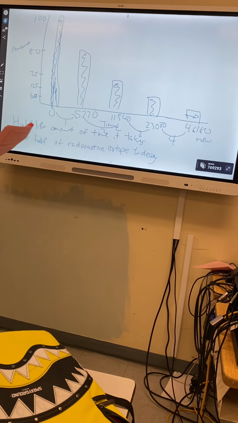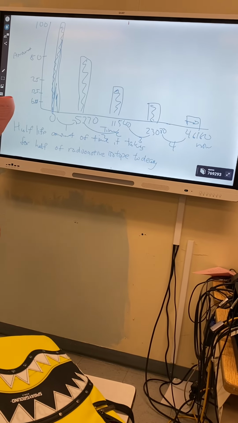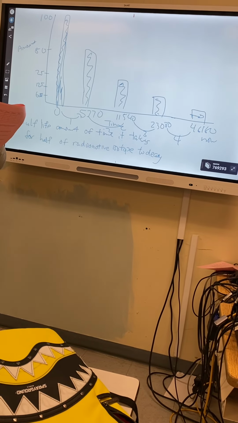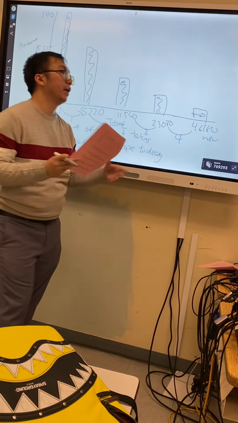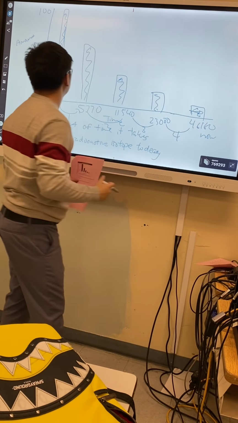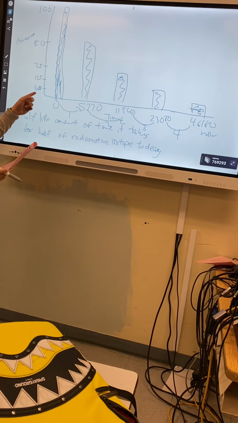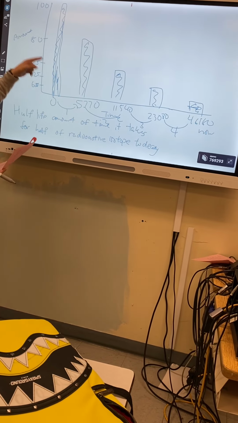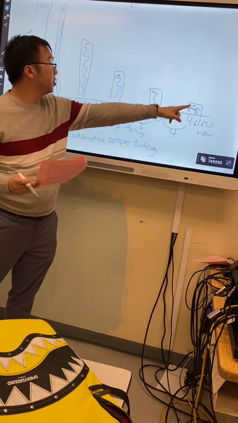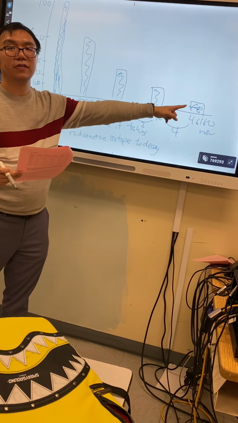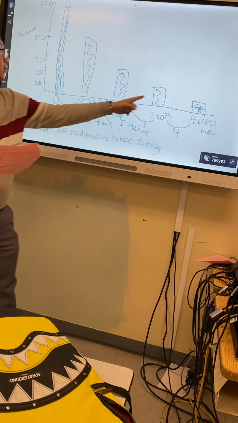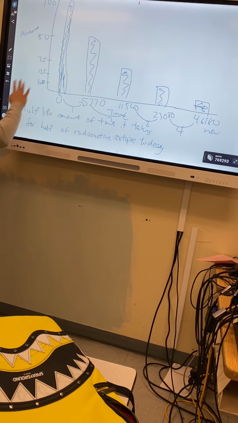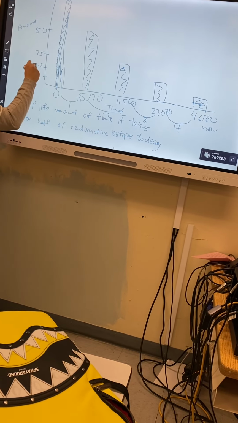So now it's asking, if it originally weighed 100 grams, how many grams is the sample now? So at this time here, what's the percentage that remains? Not 50. Now is here, so what's the percentage? 6.25.